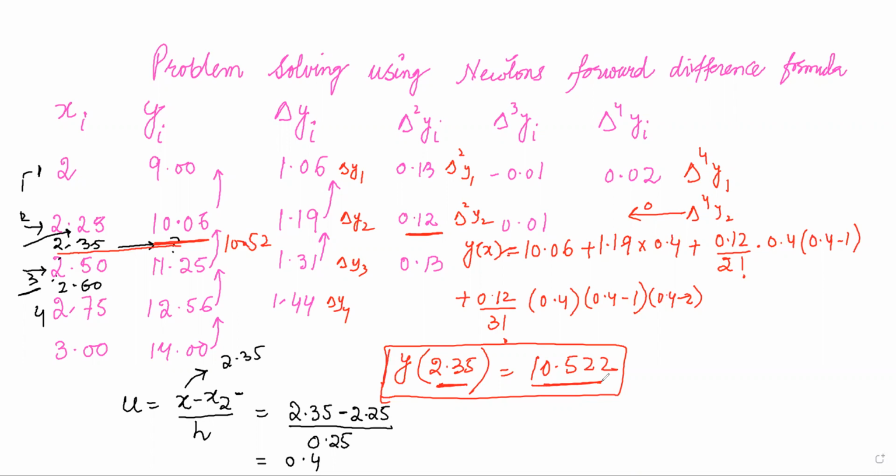Okay, so let's solve one more problem on forward difference. We are given the values of x as xi and the values of y as yi. The values of x are 1, 3, 5, 7, and 9.